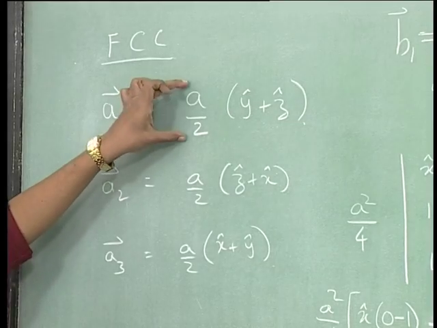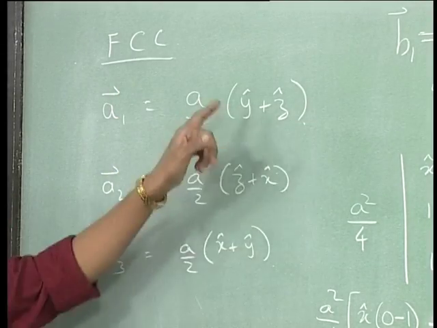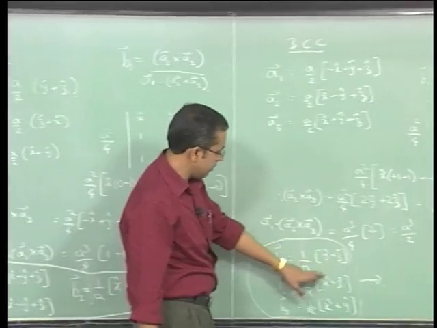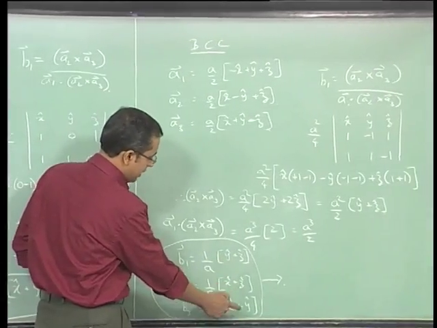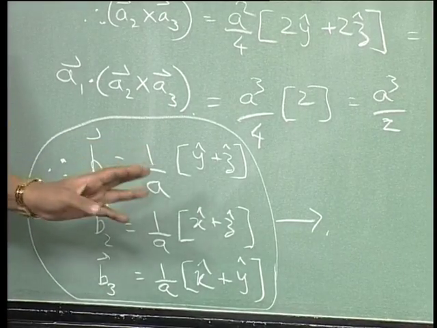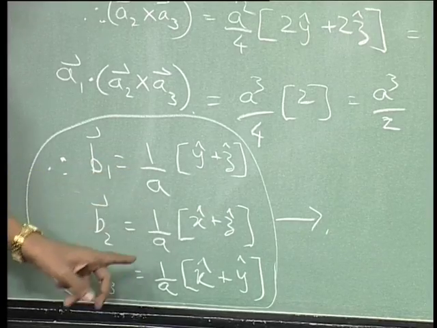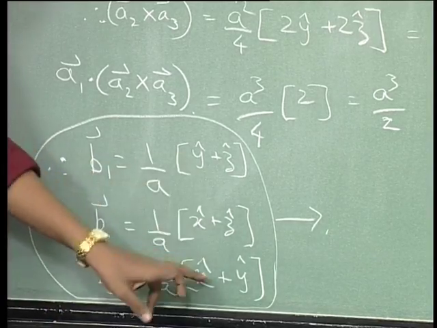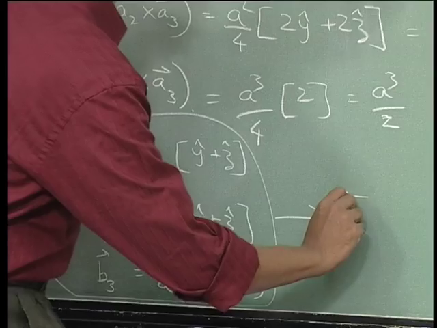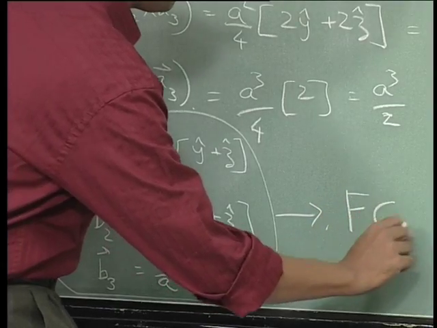We have the same dimension in three directions, and those three directions are listed here. If you go to our result just now, we have the same directions: y plus z, z plus x, x plus y. The magnitude is 1 by a, the same magnitude in those same three directions. So this is a representation of BCC, I am sorry, this is a representation of FCC.